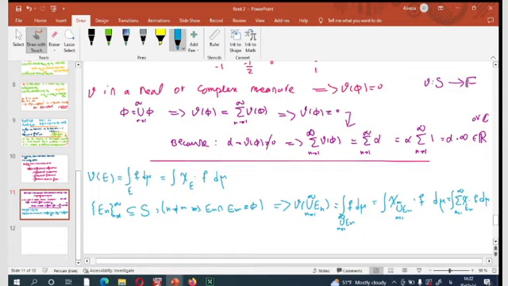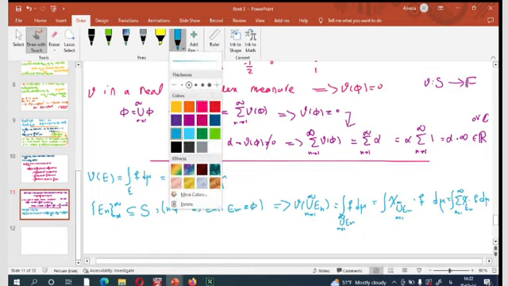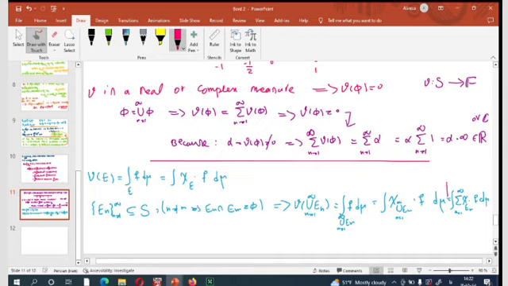It is very trivial because phi of this union is equal to this summation of characteristic functions.